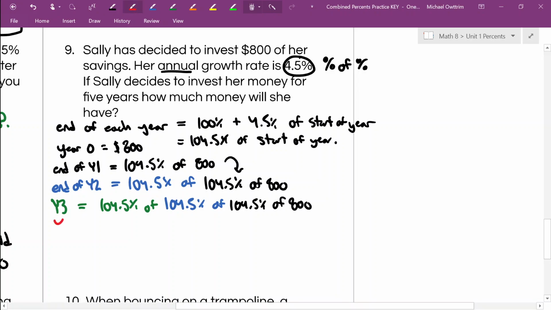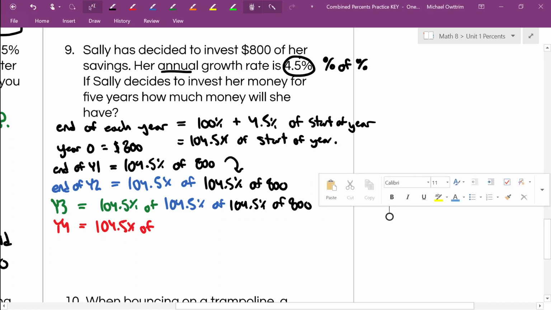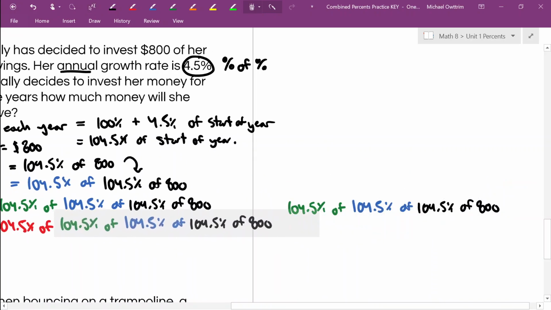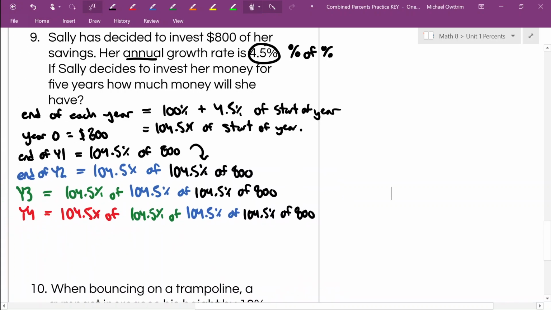So at the end of year 4, we'll have another 104.5% of all that stuff that we previously had. Just going to copy paste it. All that. And at the end of year 5, we'll have a final 104.5% on top of everything else that we already had.